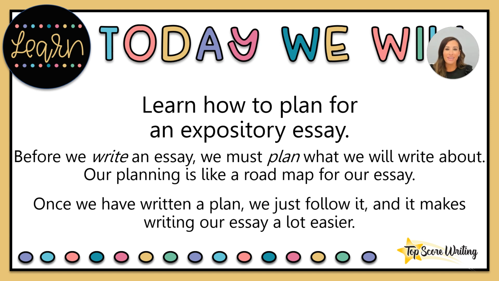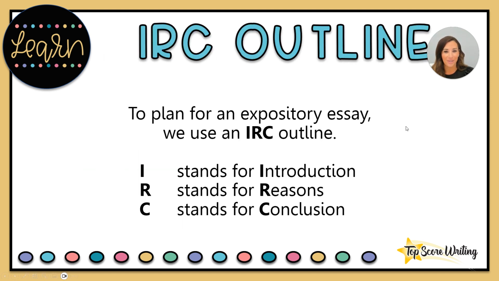I always say, think about your planning like a roadmap. We use a roadmap to follow and tell us exactly where to go. Your planning is going to be your roadmap for your essay, and it's going to tell you exactly what to write about in every single paragraph. And if your planning's good, your essay is going to be great. Once you have a written plan, you just follow it, and it makes writing your essay a lot easier.